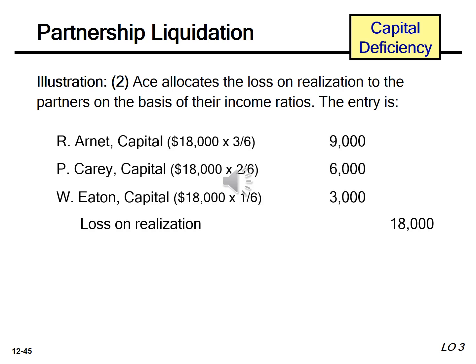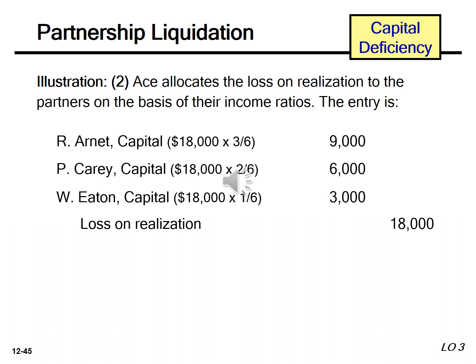The second part of the illustration says Ace allocates the loss on realization to the partners on the basis of their income ratios. If you remember, we said that Arnett's capital is 3/6, Carey's capital is 2/6, and Eaton's capital is 1/6. So this is their income ratios. Now we need to calculate exactly how the loss on realization is going to be allocated to each partner.